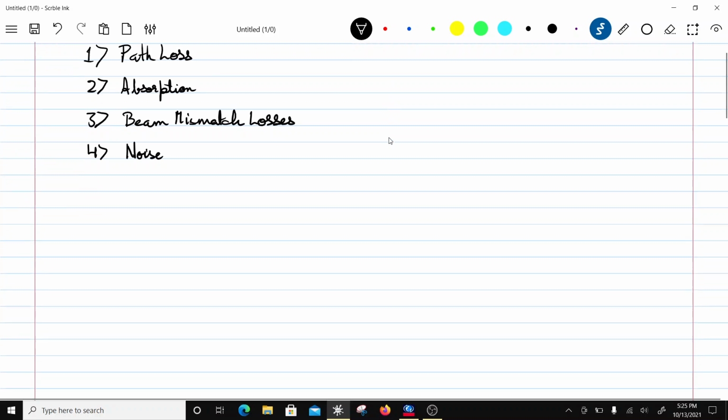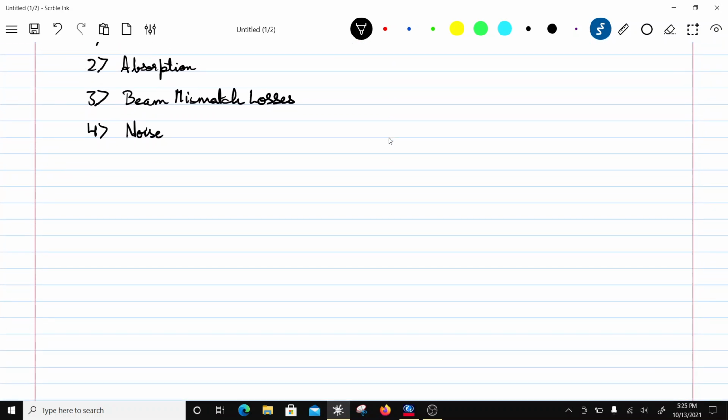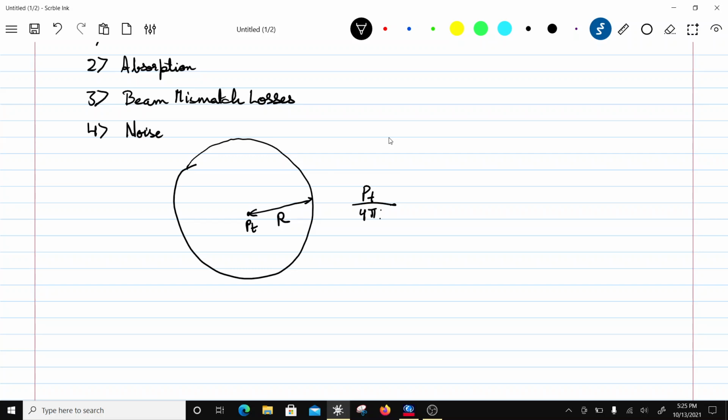So first of all, what's a path loss? Let's say we have a point source of radiation, then it's going to equally radiate. For an isotropic case, it is going to equally radiate, and if it equally radiates, then the energy, let's say power is Pt, and if I look at a distance of d, or let's say r for example, then the power density over here is going to be Pt divided by 4 pi r square.